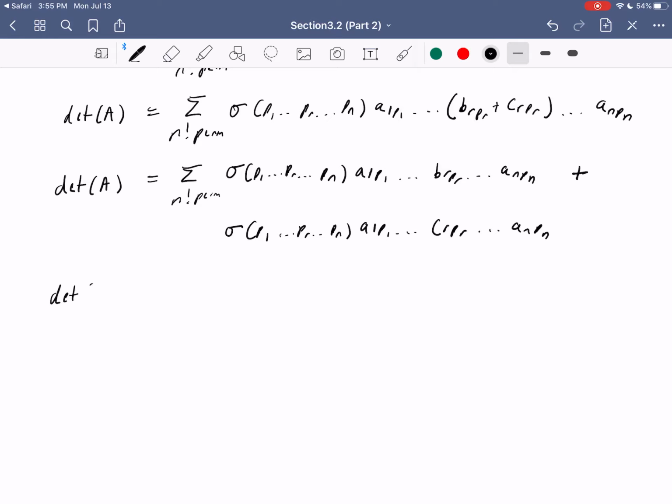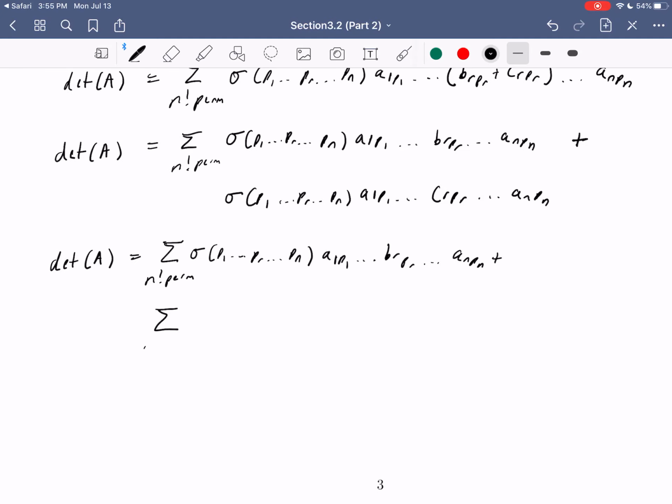So the determinant of A is the sum over the n factorial different permutations, the sign of the permutation, A1P1 dot dot dot BrPr AnPn, and then plus the next sum, which is again over the same n factorial permutations, A1P1 down to CrPr down to AnPn. Okay, we're almost done.